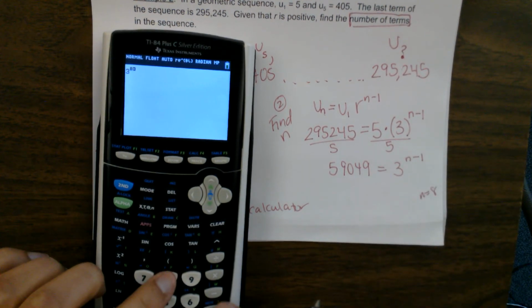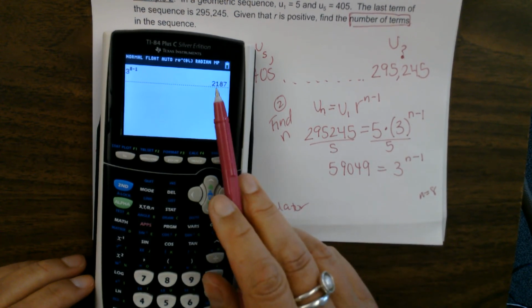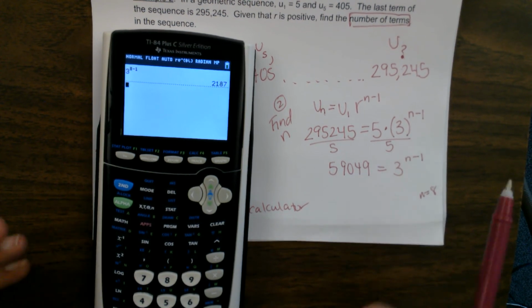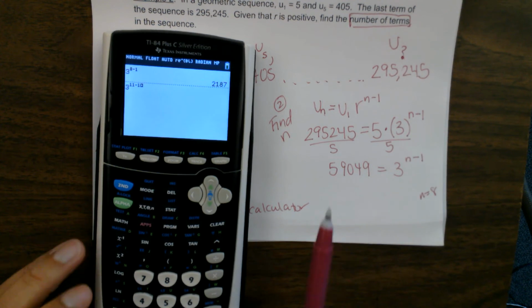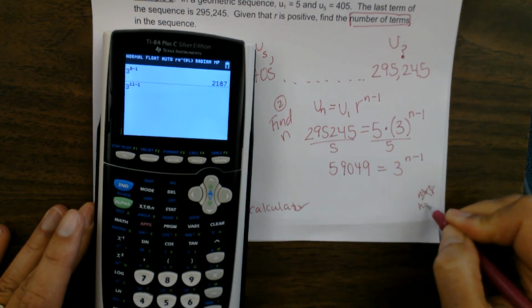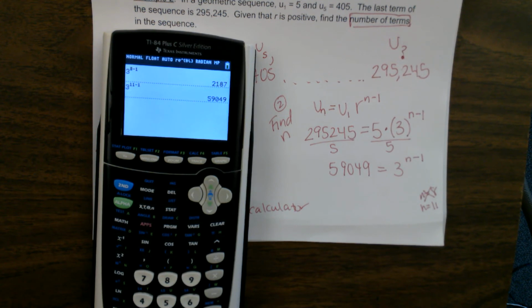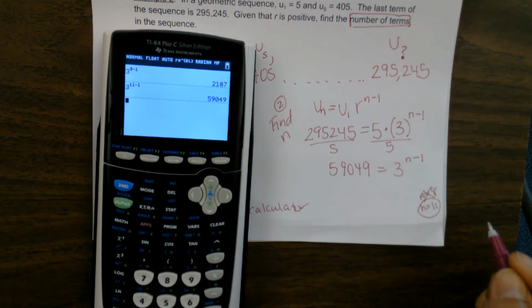Let's try that. So 8 minus 1. That gives us 2187. That's way off. We need 59,049. So let's try another one. 3 to the, let's try 11. So that doesn't work. N equals 11. Enter. Oh, look, I got it. That's cool. Okay, so I guessed and checked, and I found that n equals 11.